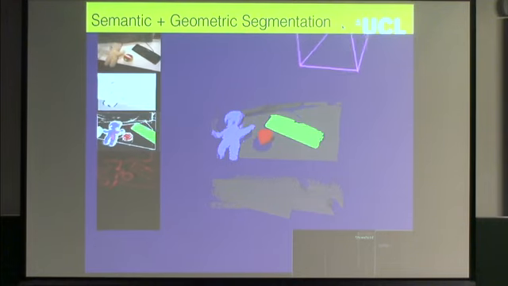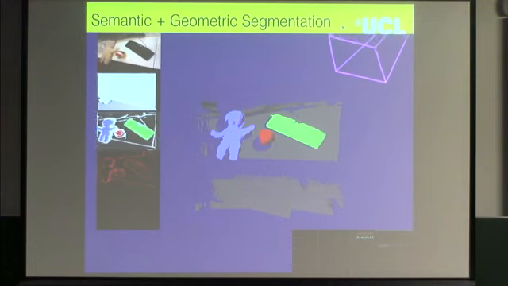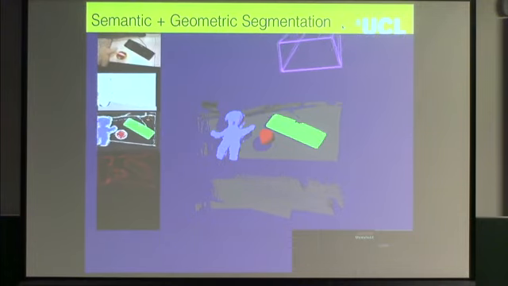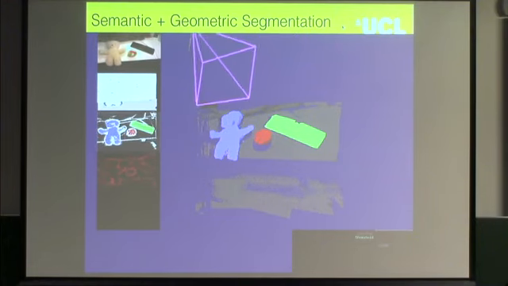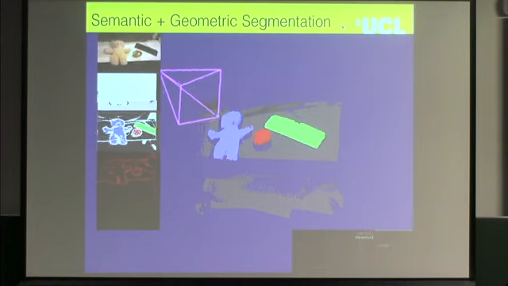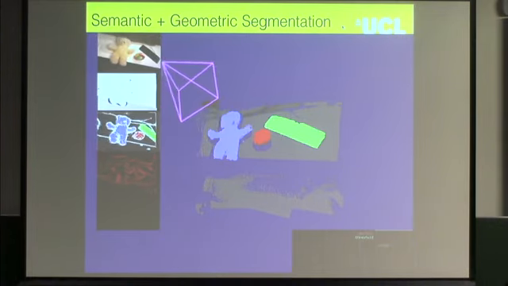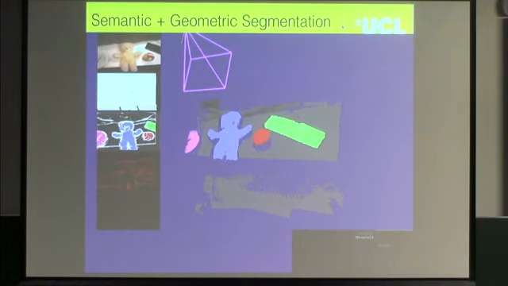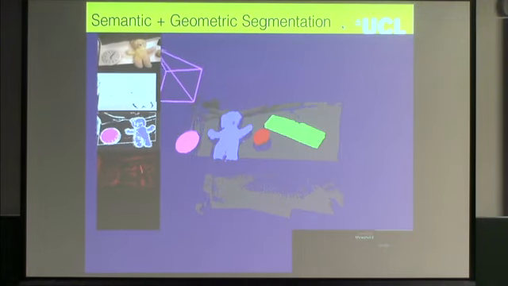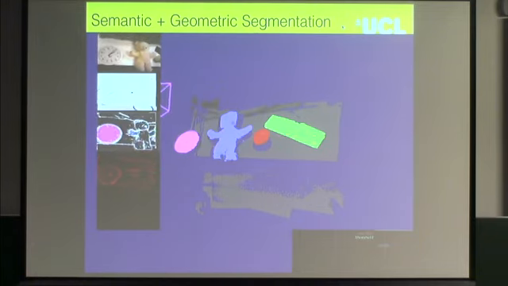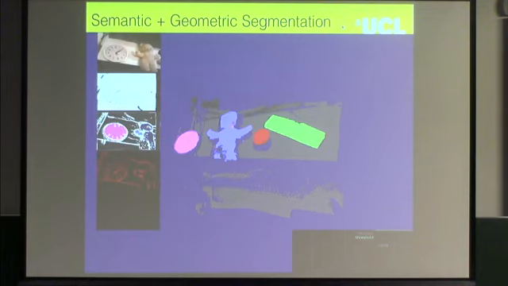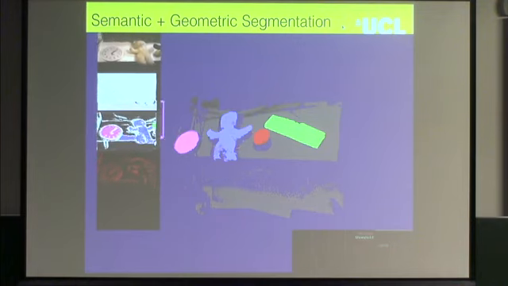This is Mask R-CNN, which is a very recent deep learning-based approach. And here is also the result of a geometric method that's looking at surface normals and where the boundaries of objects are based on the coherence of the surface normals. And we're combining the two. And here we now have labels. We know that this is a keyboard, this is a ball, this is a teddy bear, and this is a clock.